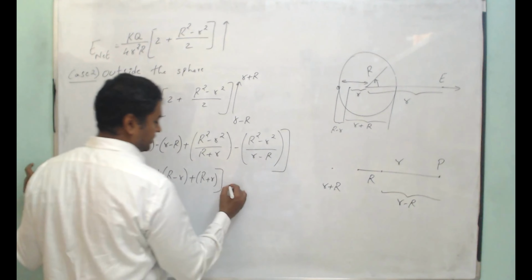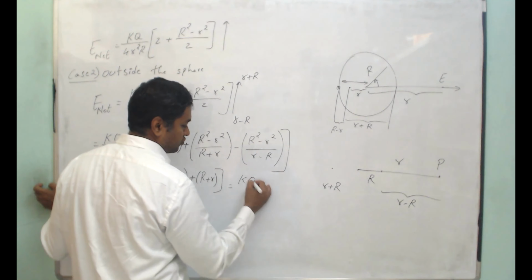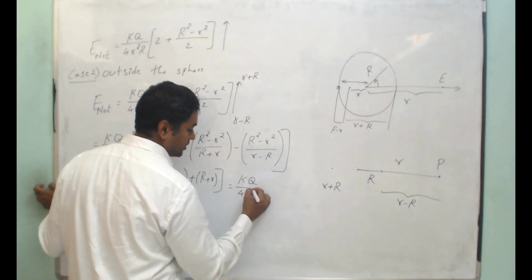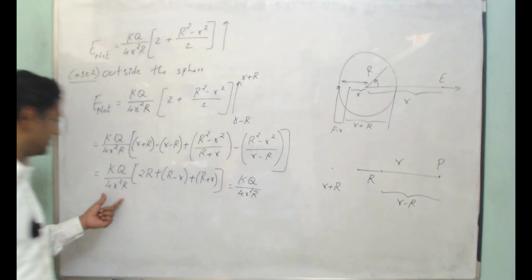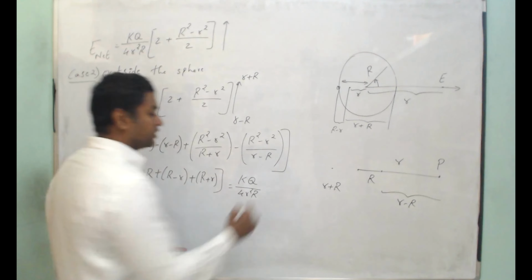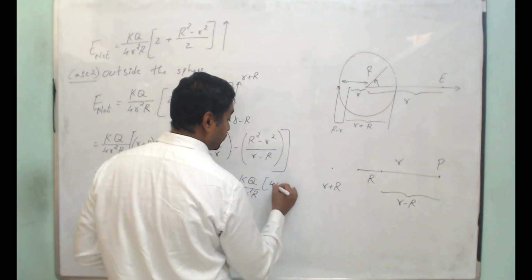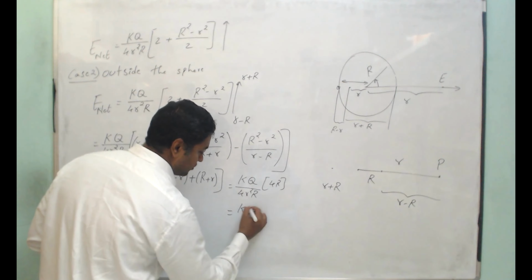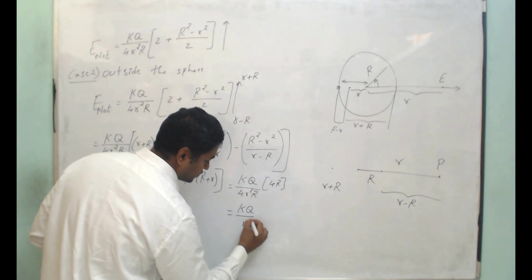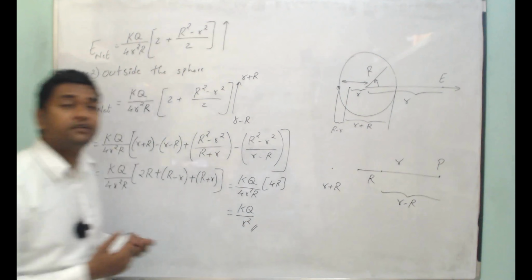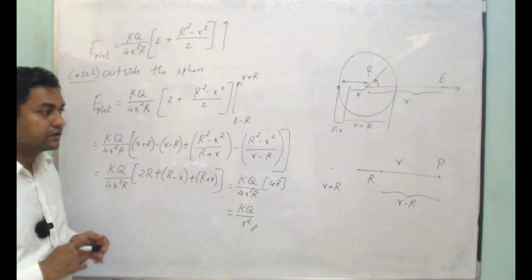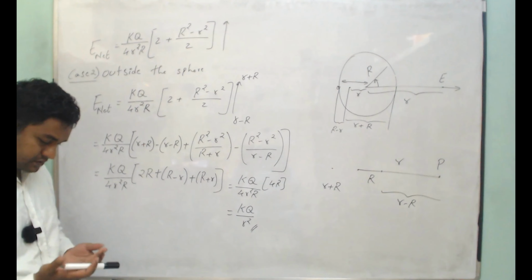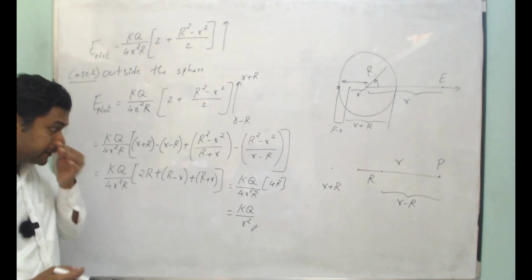This entire thing is going to give me KQ by 4 small r square into capital R into, in brackets, 4 capital R. The capital R will cancel each other. KQ by small r square anywhere outside of the sphere. Is this clear?